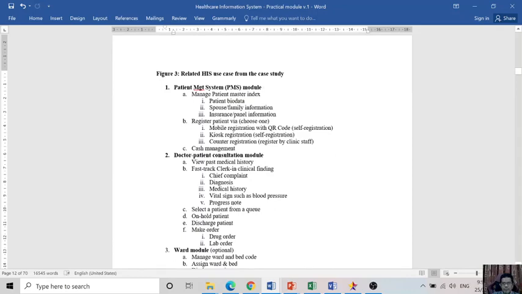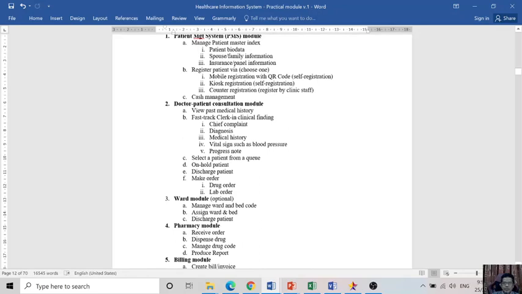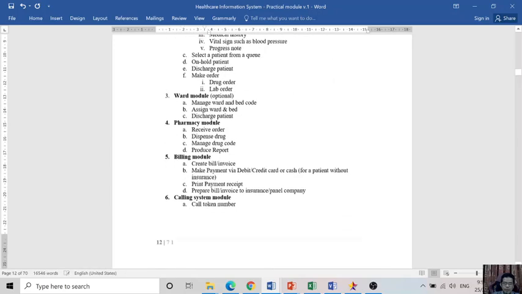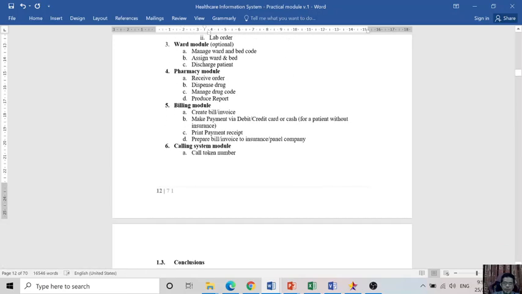Patient management module, doctor patient consultation. Sometimes we name it as a CIS, clinical information system. So this is a basic sub module. Ward module, pharmacy module, billing module, and calling system.